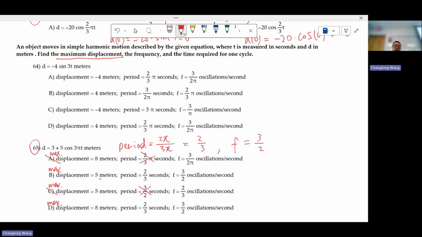Okay. So now you have to figure out what they mean by maximum displacement. I believe I mentioned in class last week, maximum displacement is nothing but the amplitude. Even though it might not be the case in physics, somehow they define the so-called maximum displacement in their own way.